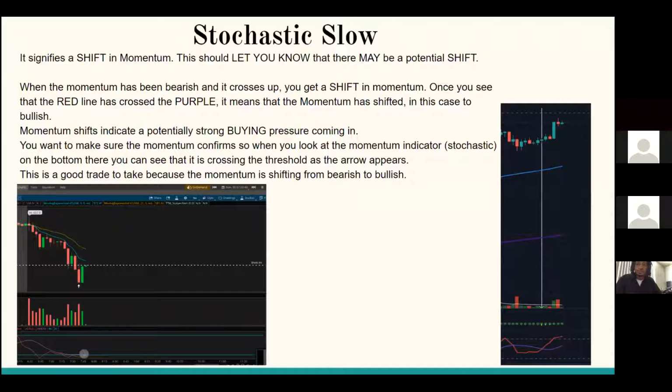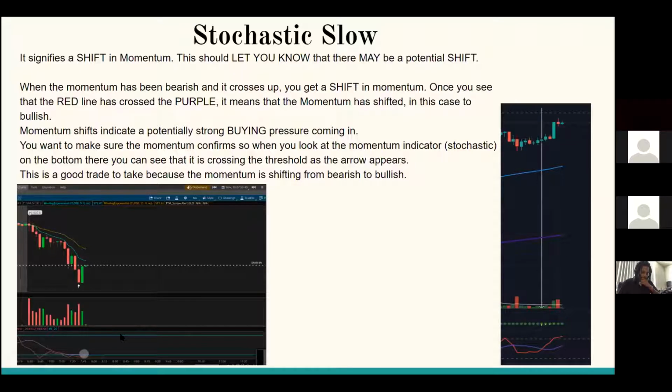So when the momentum has been bearish and it crosses up, in this specific example right here, you get a shift in momentum. Once you see that the red line right here has crossed the purple line, it means the momentum has shifted, in this case to the upside, to the bullish side, right?